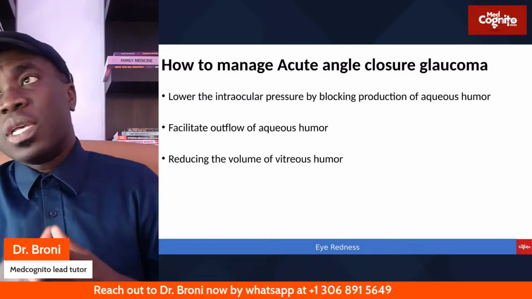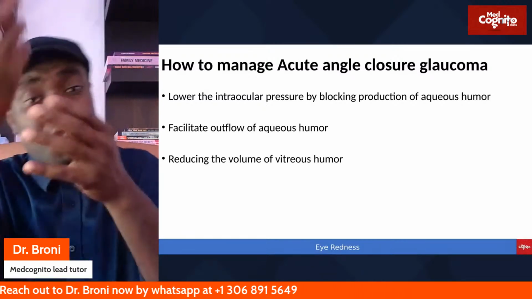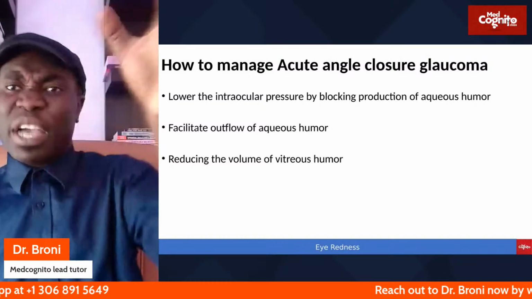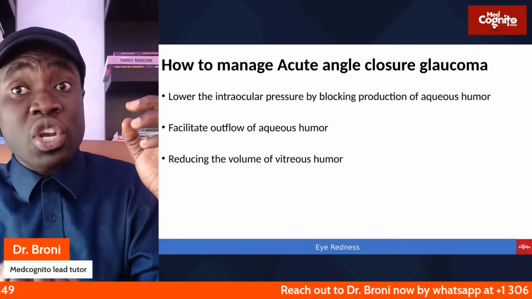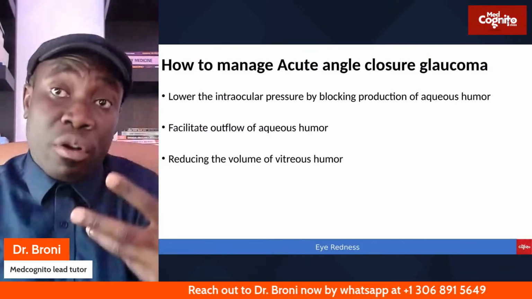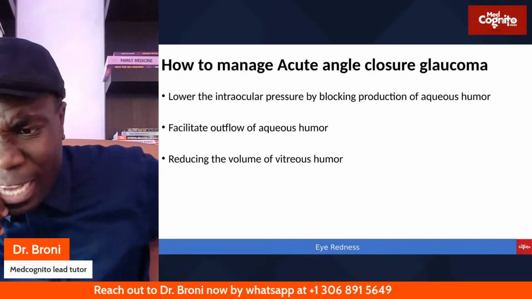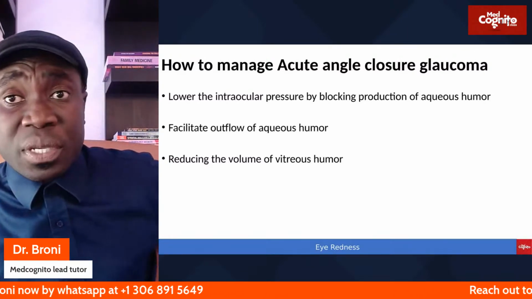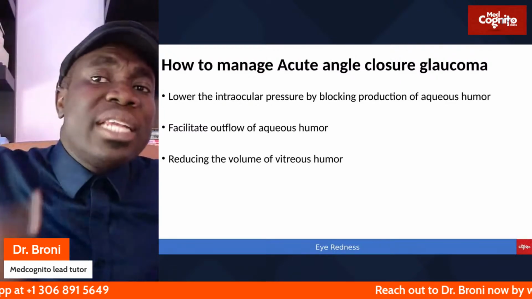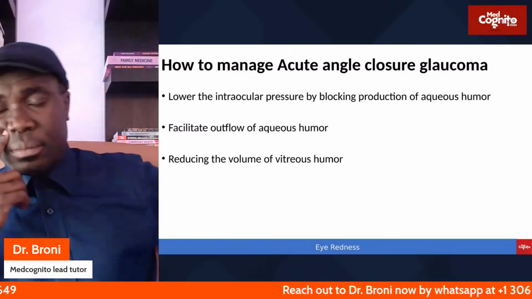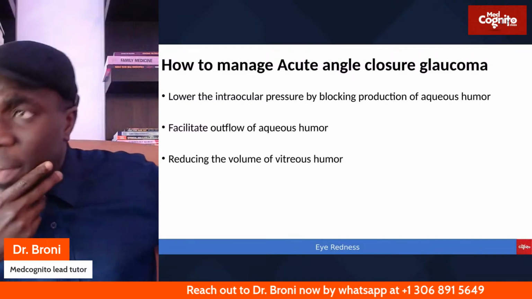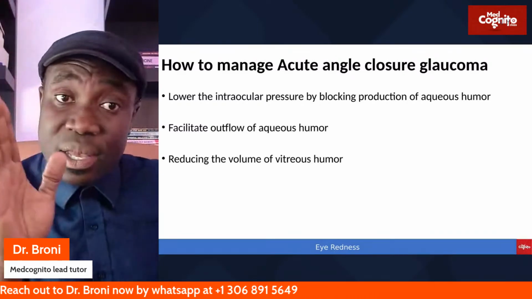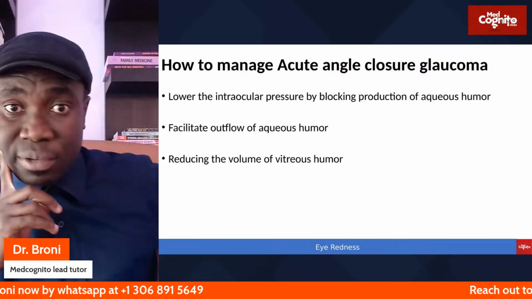Number two, decreased aqueous humor drainage. So it can be that excessive aqueous humor is being produced even though it is draining normally, and because of that there's a backlog of it. Or number two, normal aqueous humor is being produced, but it is not being drained quickly. Number three, it could be that there's a problem with the pathway of the aqueous humor drainage itself.